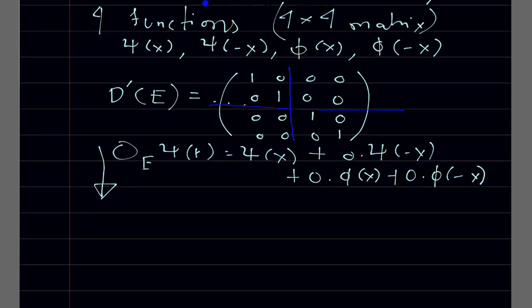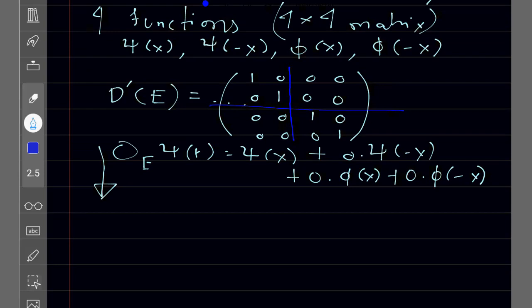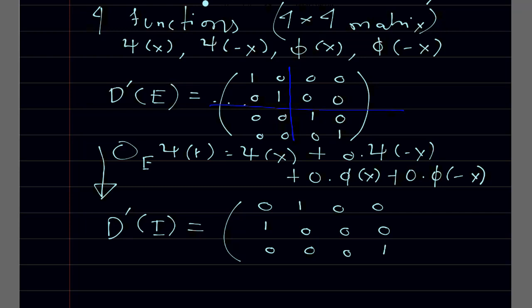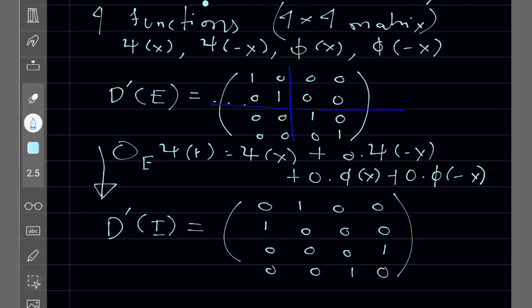Let's look at the four-dimensional representation of I. So D prime of I is going to look like 0 1 0 0, 1 0 0 0, 0 0 0 1, 0 0 1 0, and again let's divide them in this way.